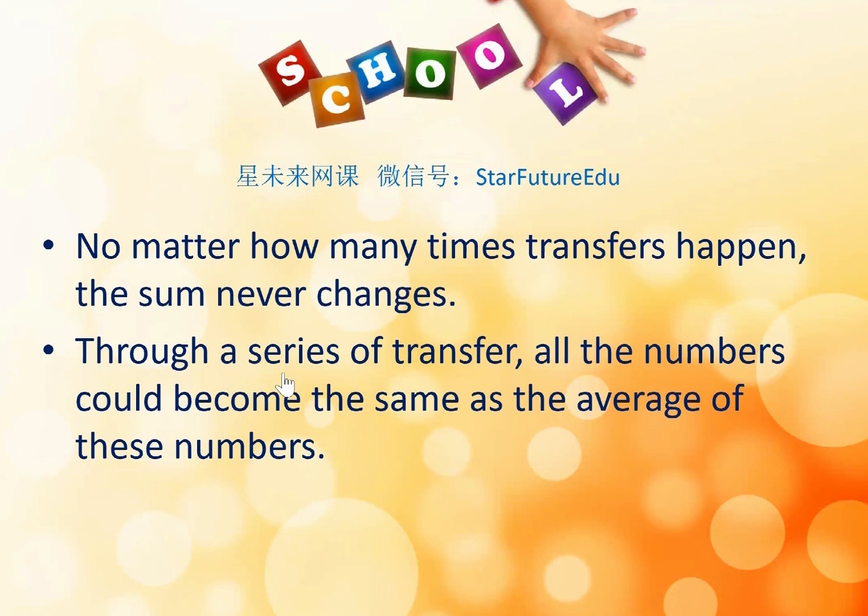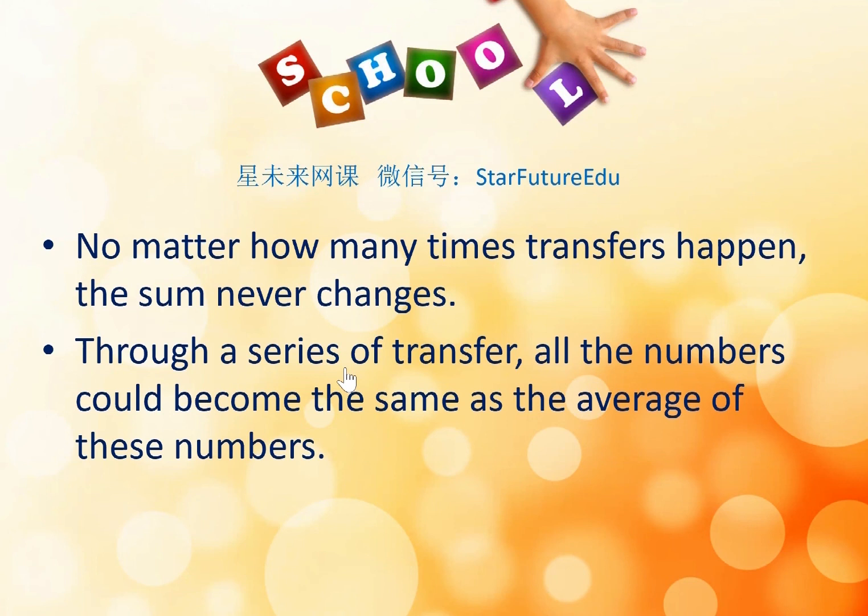After a series of transfers, if all the numbers become the same, then all the numbers become the average. So by taking advantage of this feature, you can solve some average problems easily.